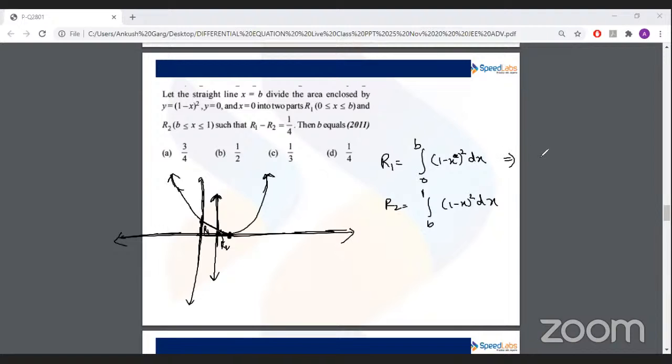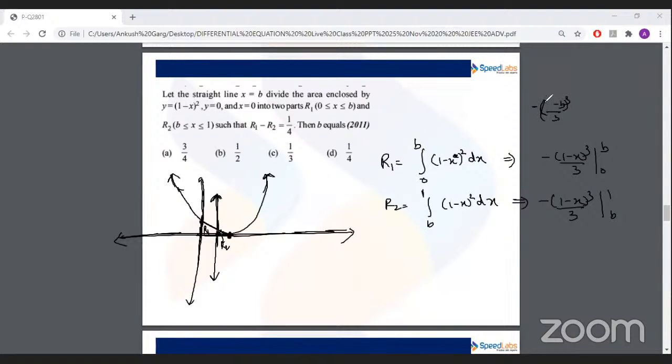So the integral of 1 minus x whole square will be minus of 1 minus x cube by 3 from 0 to B. And this will be also the same, that is minus of 1 minus x cube by 3 from B to 1. So putting the values, this will be 1 minus of 1 minus B cube divided by 3, right?